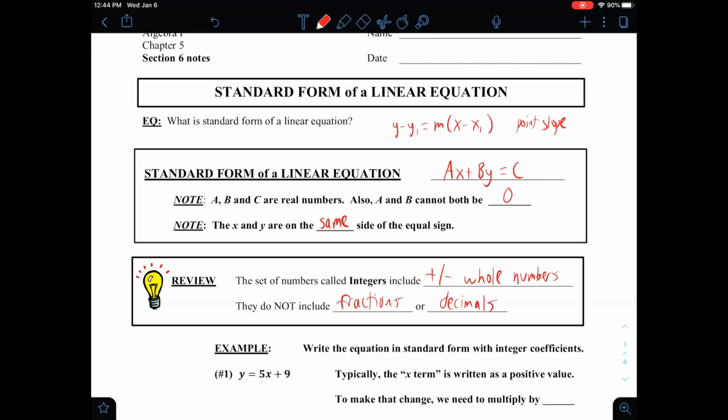Okay? So A, B, and C should be integers for it to be in standard form. You can still have fractions and decimals, it just won't be in standard form if they're not integers, basically. Positive or negative whole numbers, okay?